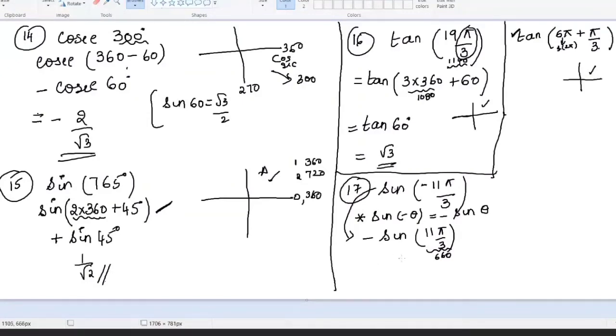Once. Okay, so now try and understand. Slightly trickier, this question is. So this is minus sine. I can write 660 as 1 time 360 plus how much? 300, no? Correct? So 360 plus 300 gives me 660.